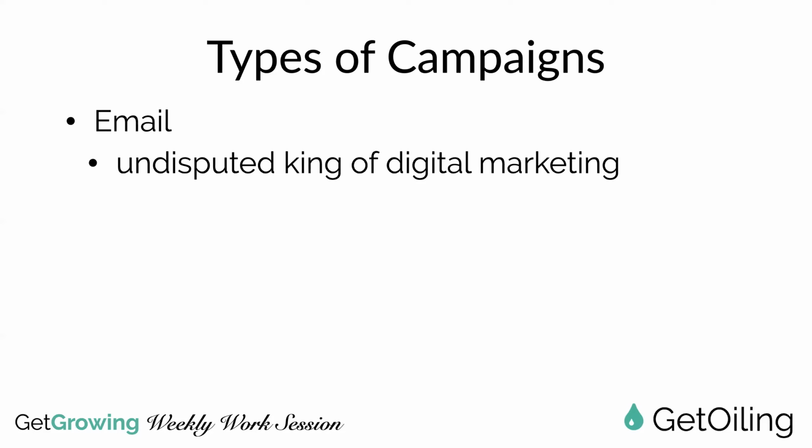All right. So email is the undisputed king of digital marketing, and you should absolutely be creating email campaigns. They're going to save you the most time, and they're going to earn you over time the most potential money, right? It is the undisputed king. So you want to be making email campaigns.